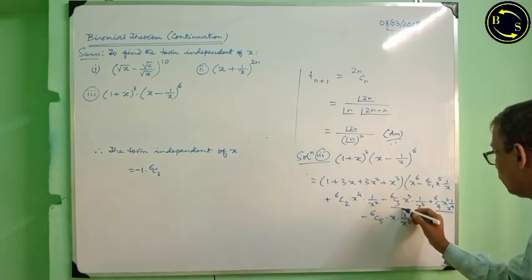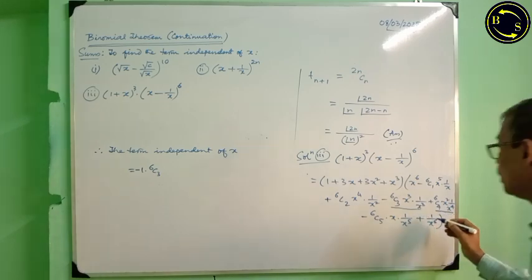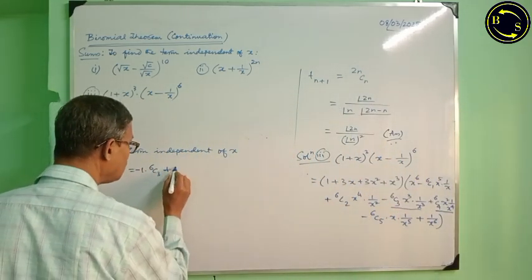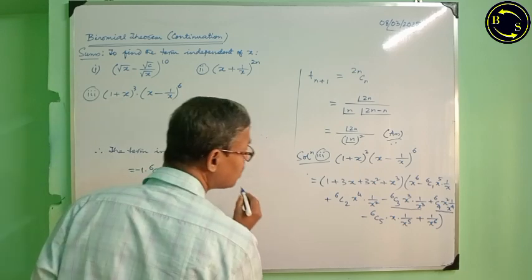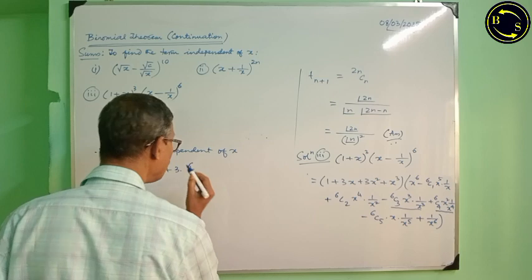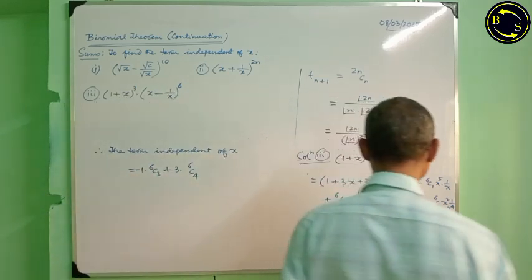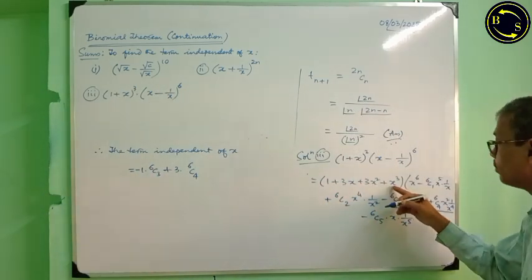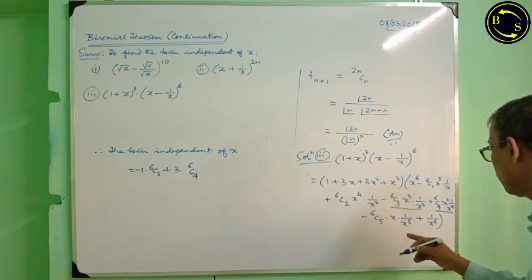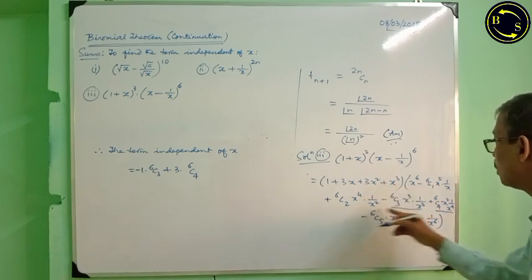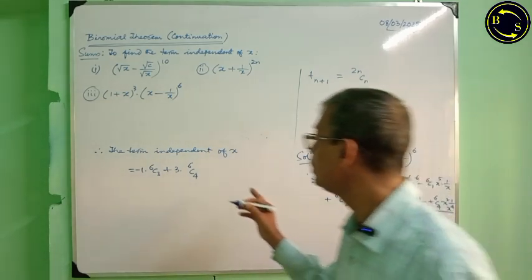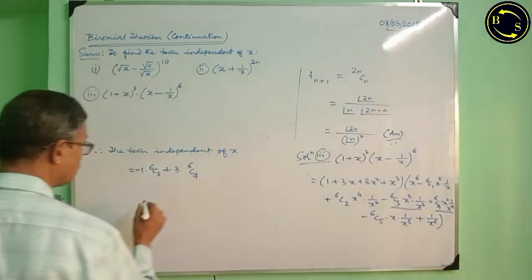We can underline these terms. Therefore, plus 3 into 6C4. Then we consider the x cube term, that is to be multiplied by the 1 by x cube term. There is no such term. Therefore, finally, the term independent of x will be this one.